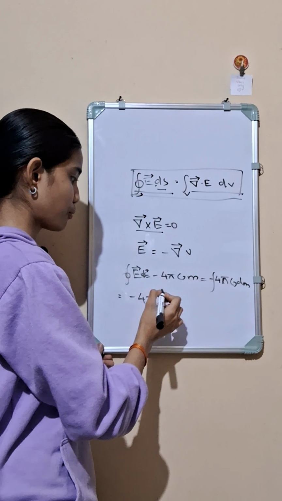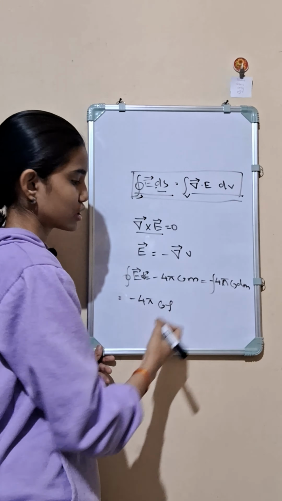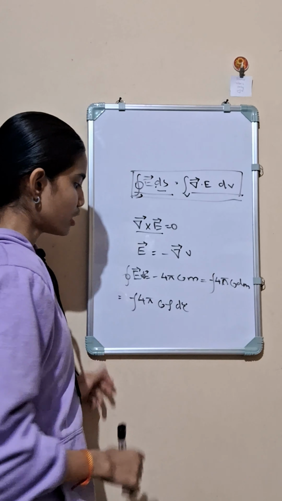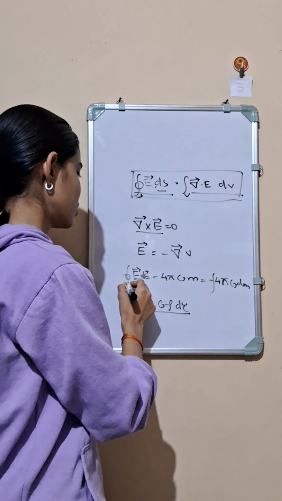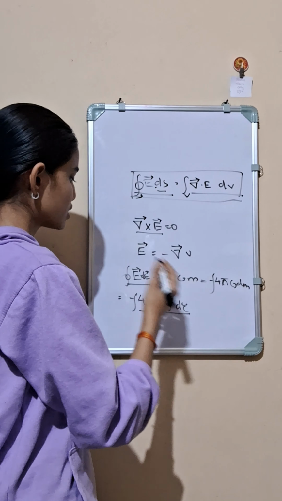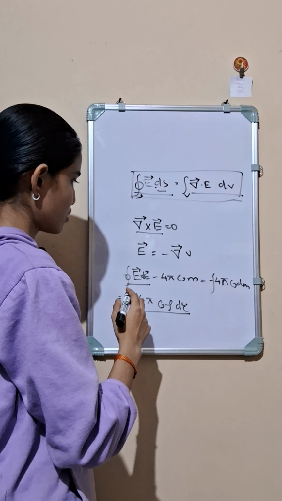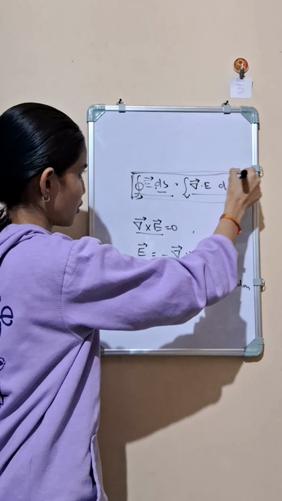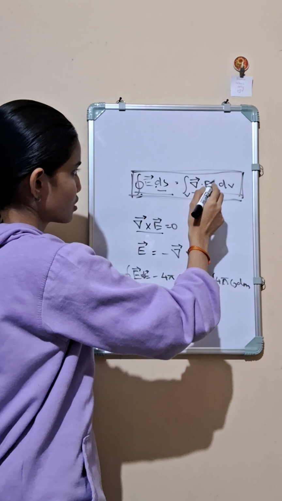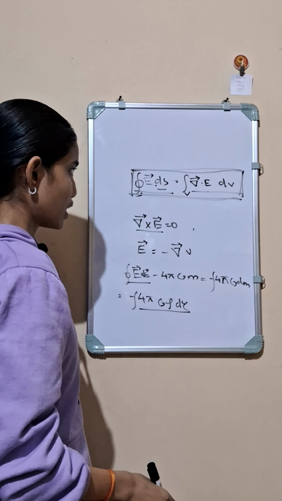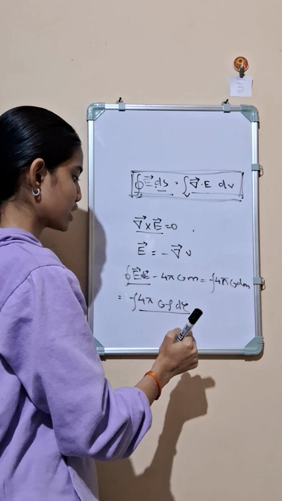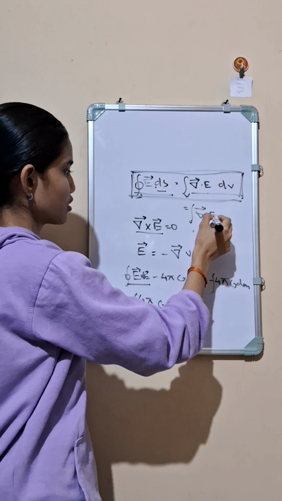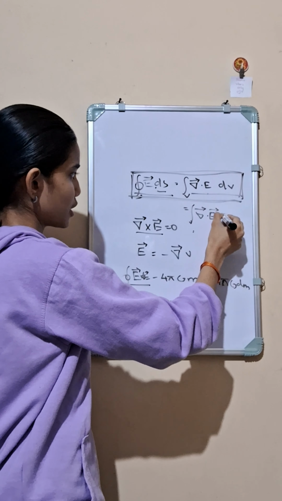Mass is equal to volume into density, so considering a small volume element d tau, we have minus 4 pi G rho d tau. And as we have used d tau for volume, the left side can also be written as the volume integral of the divergence of the E vector multiplied with d tau.